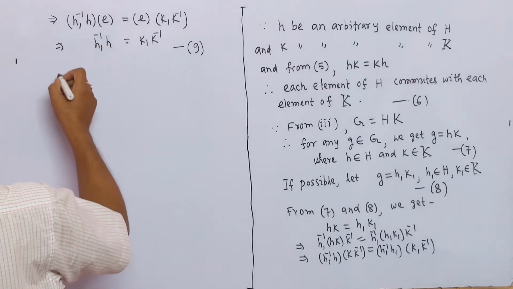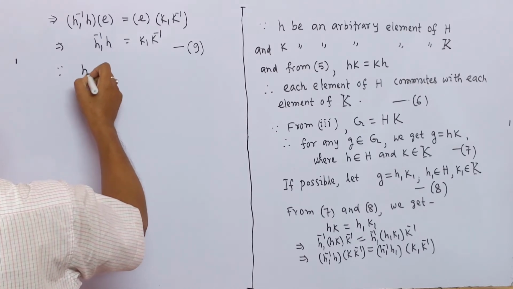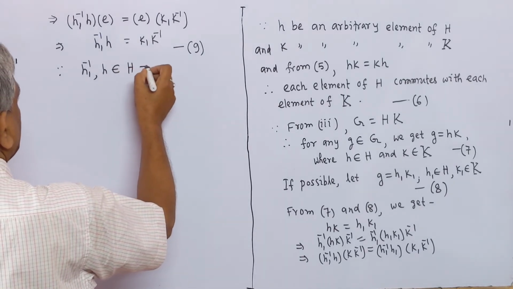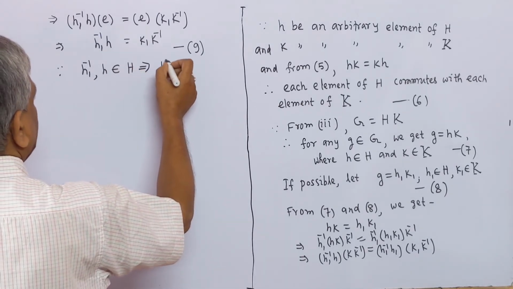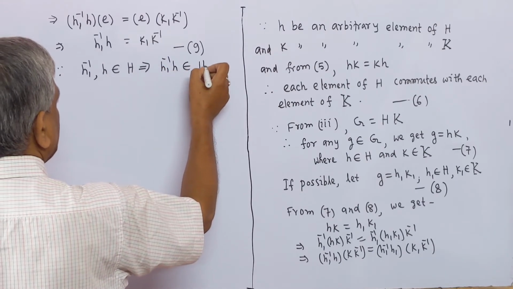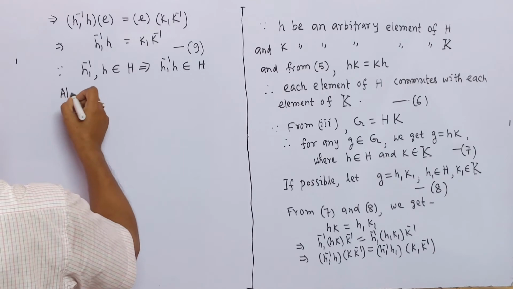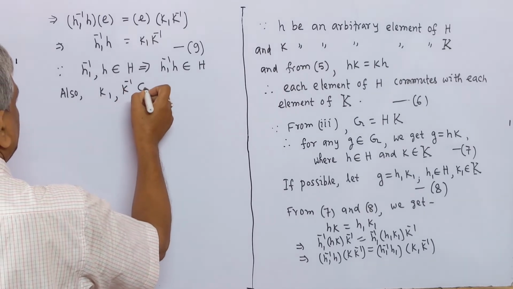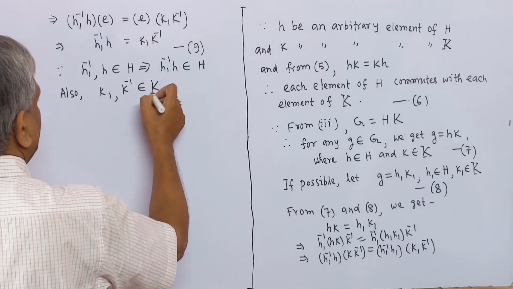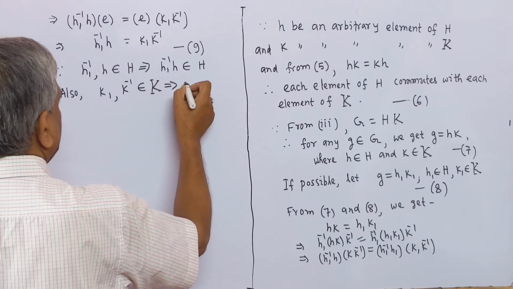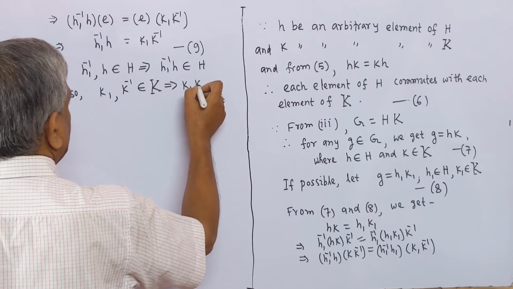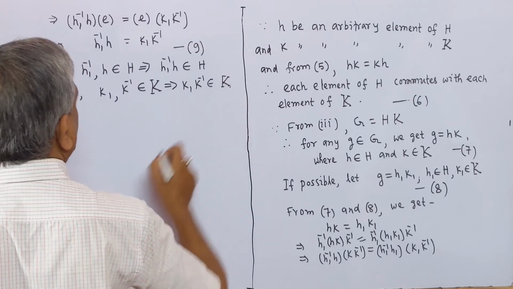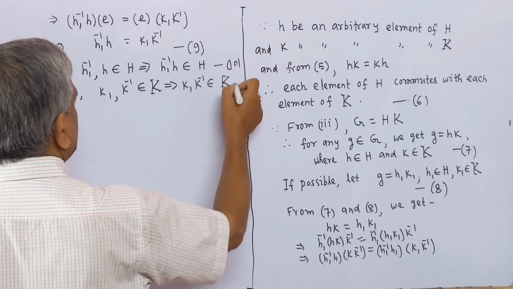Since h1 inverse and h belong to subgroup H, this implies that h1 inverse h belongs to subgroup H. Also, k1 and k inverse belong to subgroup K, so by the closure property, k1 k inverse belongs to subgroup K. This is number 10 and this is number 11.